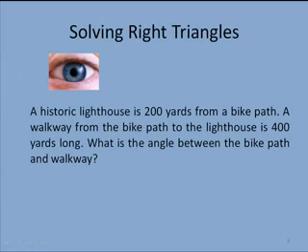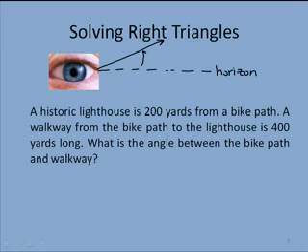But before we do that, there's some important vocabulary you need to know. So if this is somebody looking out, this is the horizon. If they're looking up from the horizon, that angle is called the angle of elevation.